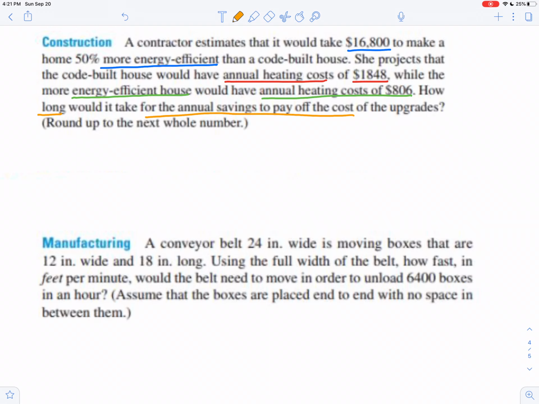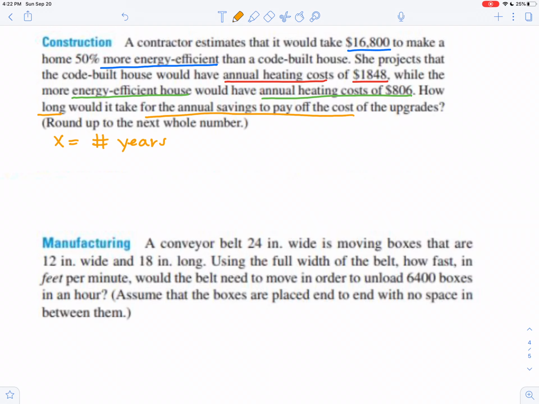So let's start by talking about the difference in the heating cost of the houses. Let's let x be what we're looking for, which is the number of years that it would take to make up the cost.